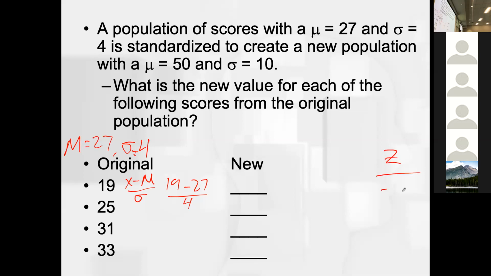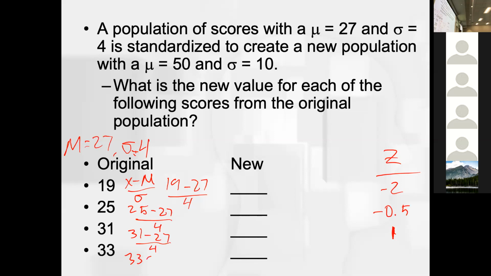So that gives you a z-score of -2. We're going to take 25 minus 27 over 4. That gives us negative 2 over 4, or negative 0.5. 31 minus 27 over 4 gives us 4 over 4, so that gives us a z-score of 1.